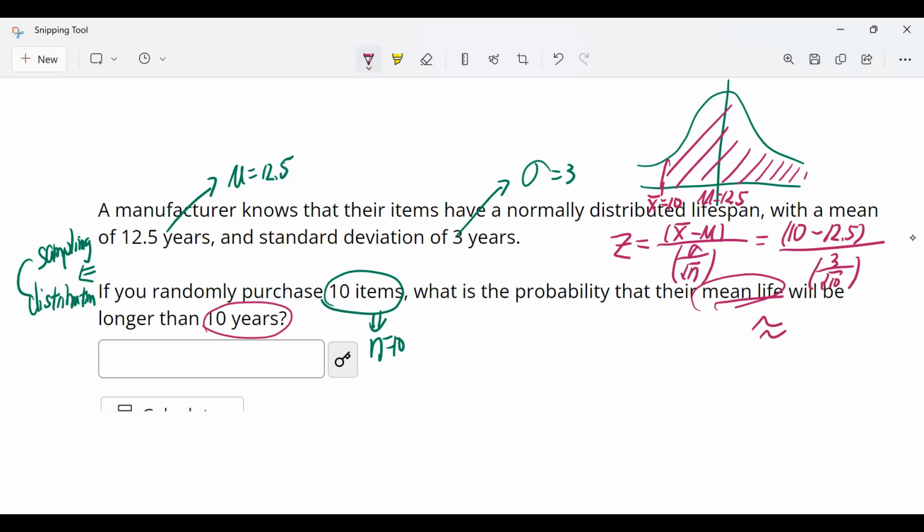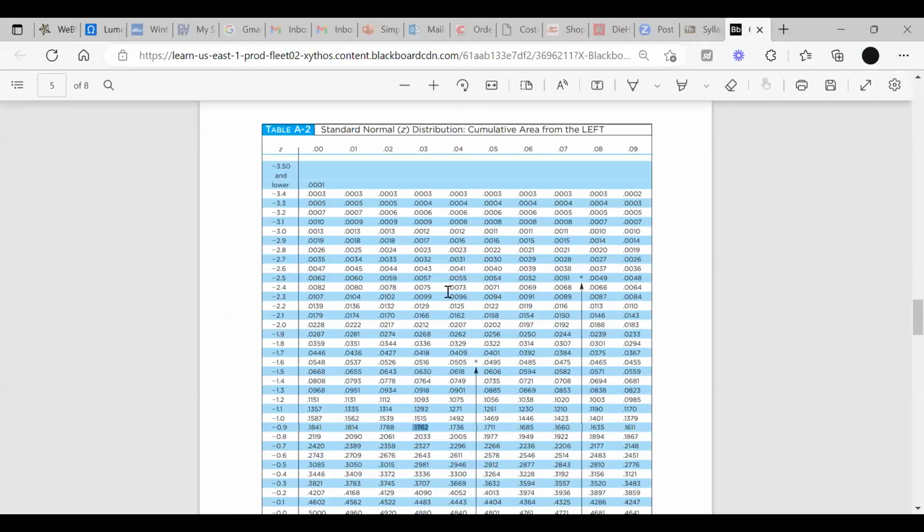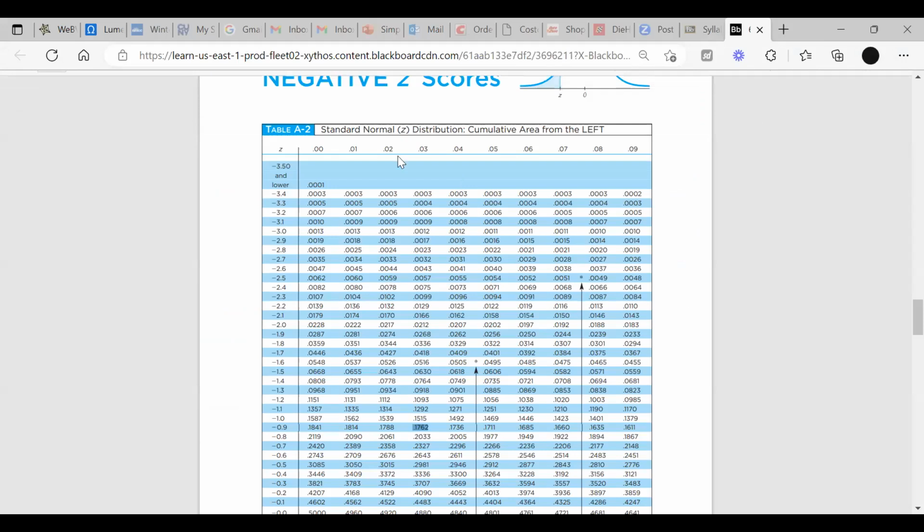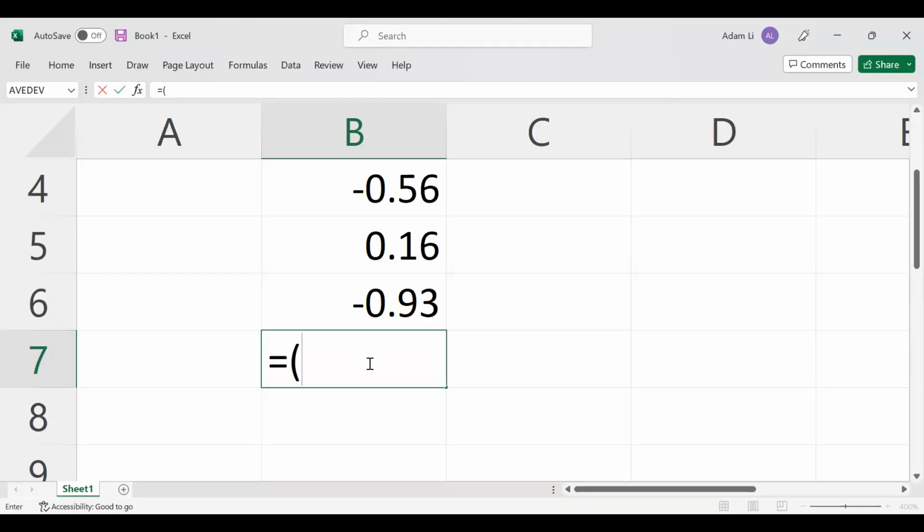Now I'm going to go to table A2. No, let's go to Excel first. 10 minus 12.5 divided by open parentheses, standard deviation 3 divided by square root of 10.